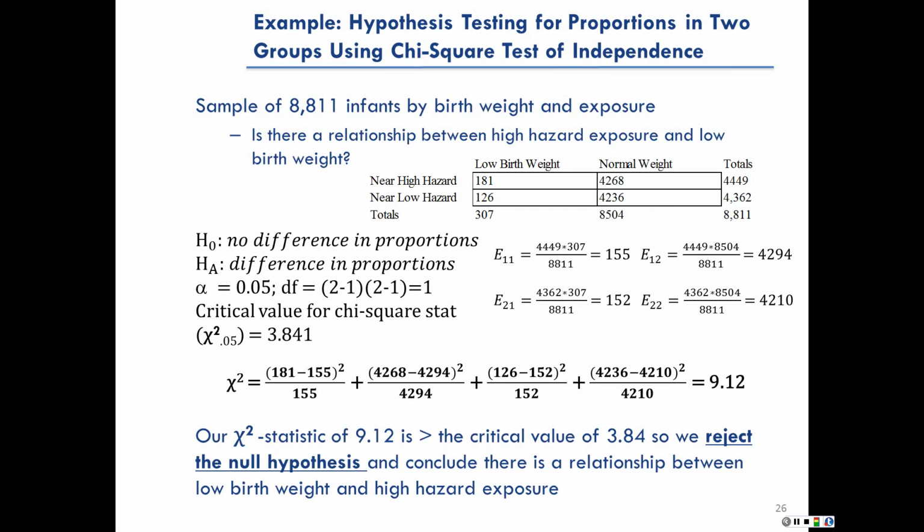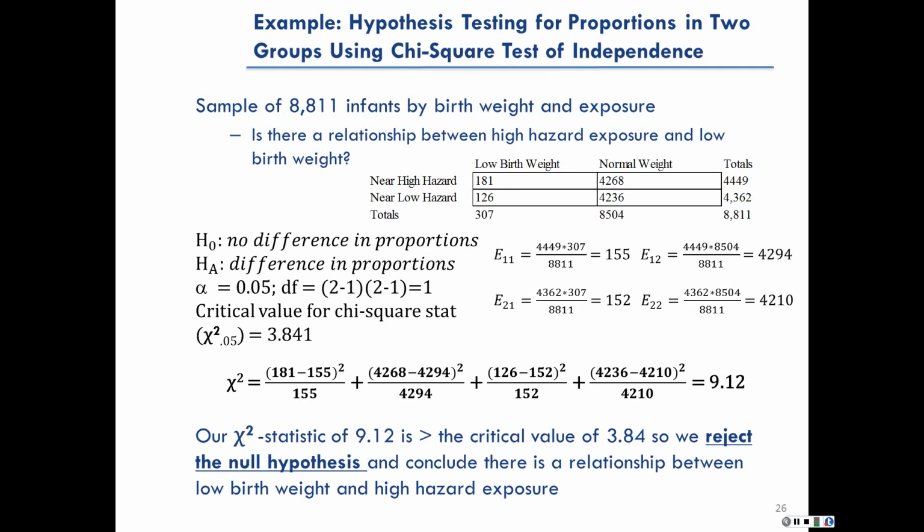So now that we have our expected values and our observed values, which were in the table, you can see the chi-square statistic below, where we plug in the observed value minus the expected value, squared, and then divided by the expected value. And we add those for each of the 4 cells.